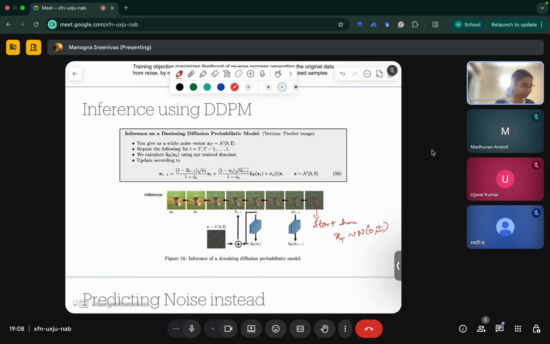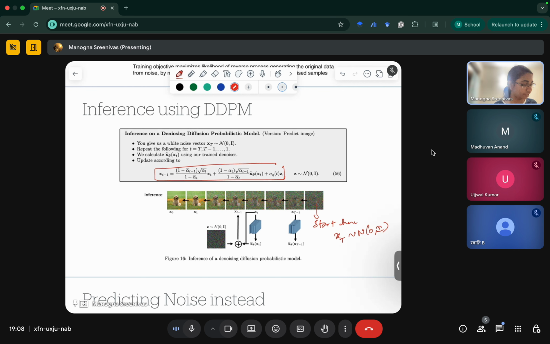Then you start from here and you keep going one step at a time, denoising them, following this formula.